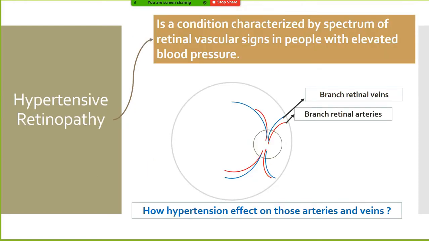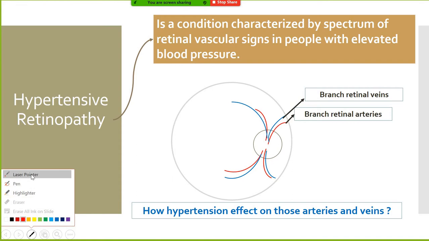So what is hypertensive retinopathy? It is a condition characterized by a spectrum of retinal vascular signs in people with elevated blood pressure. Things you have to look into in hypertensive retinopathy are the branch retinal veins and the branch retinal arteries.